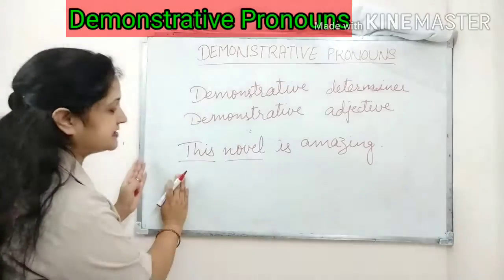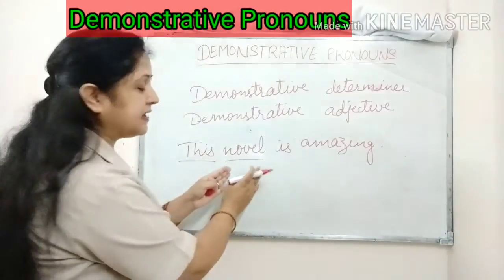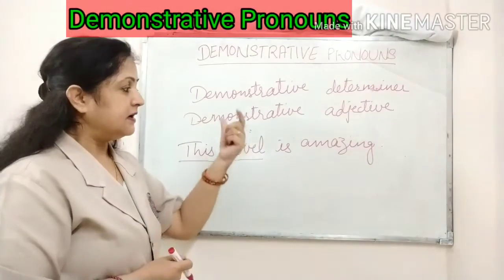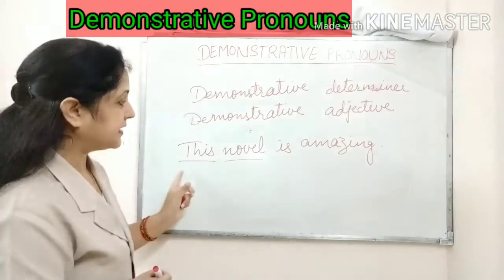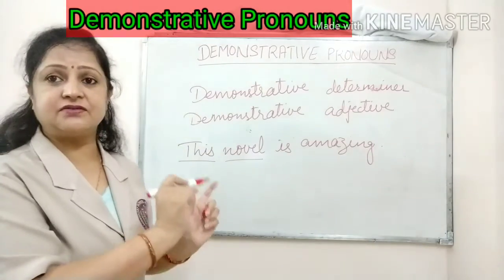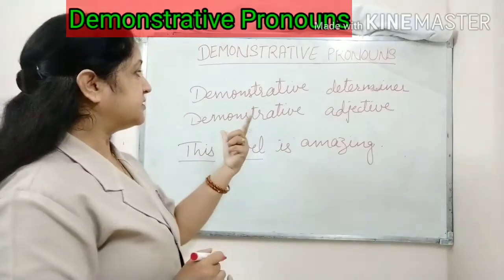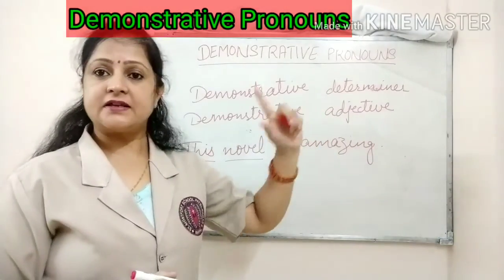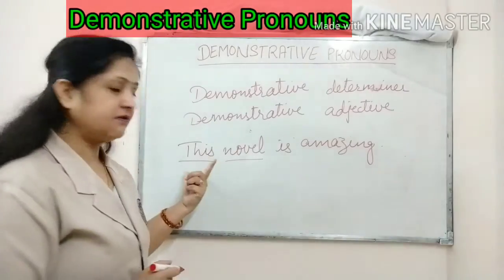The demonstrative pronoun is followed by a noun. Instead of writing the auxiliary verb, we have written the noun. So now this is used as a demonstrative determiner instead of a demonstrative pronoun.